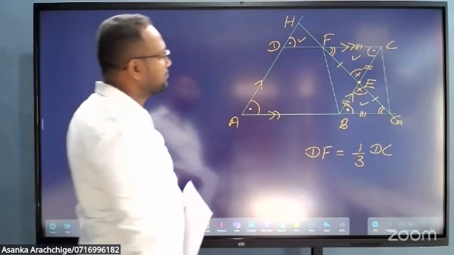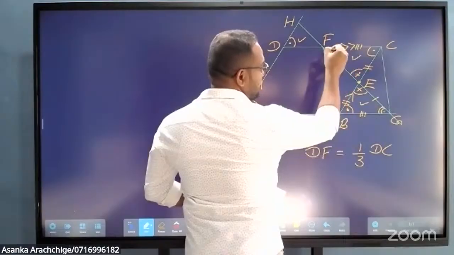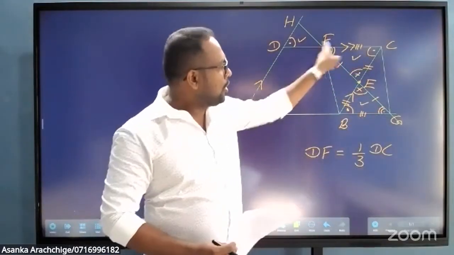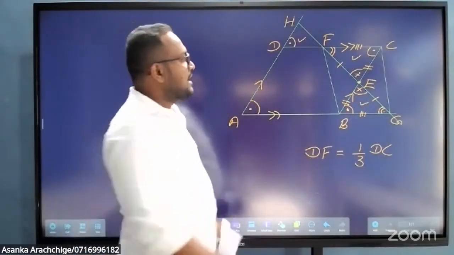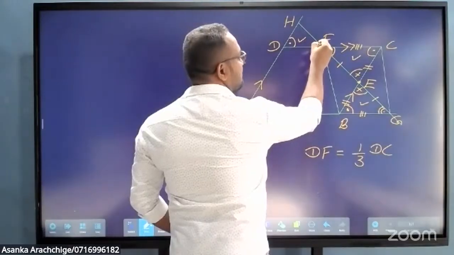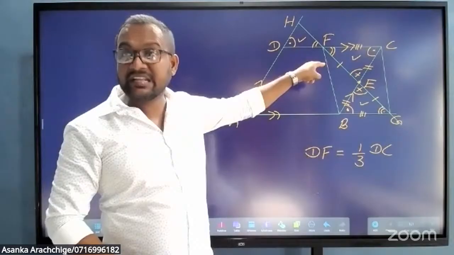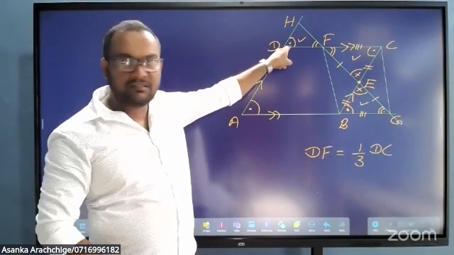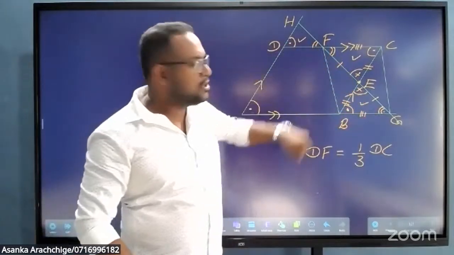Then this angle is equal to this angle because they are alternate angles between parallel lines. And this angle must be equal to this angle because they are a pair of vertically opposite angles. Then this angle is equal to this. This angle is equal to this.